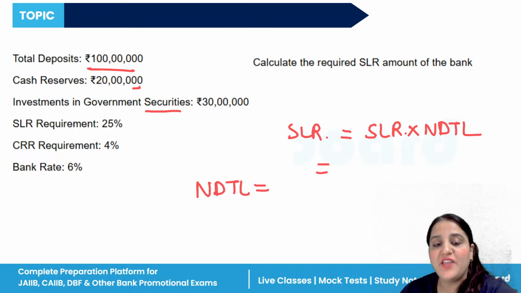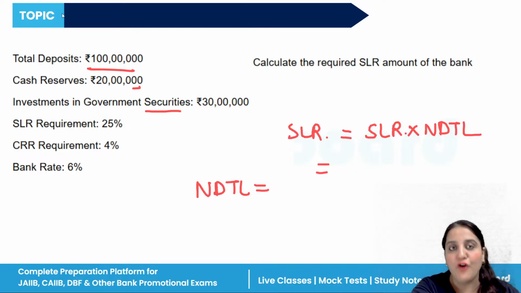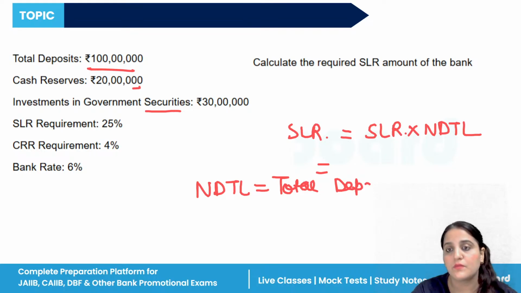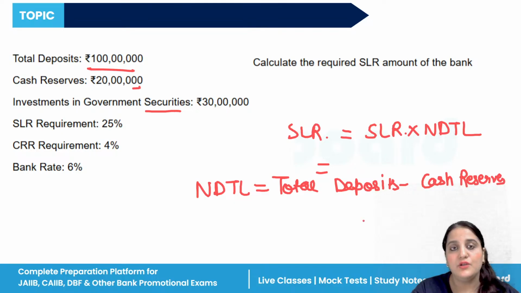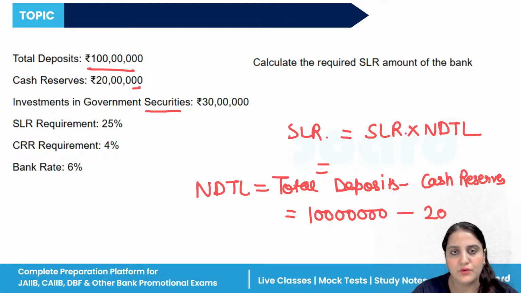There is a formula for the NDTL, and the formula of NDTL is total deposits minus cash reserves. Total deposits are of 1 crore minus cash reserves of 20 lakh.